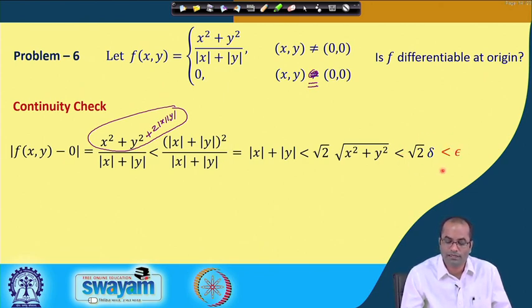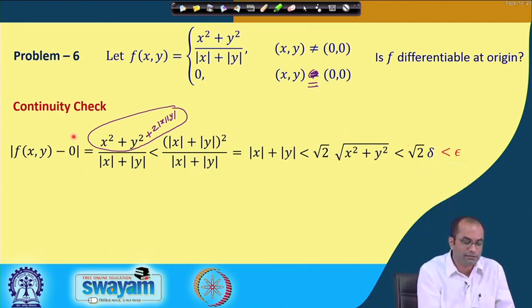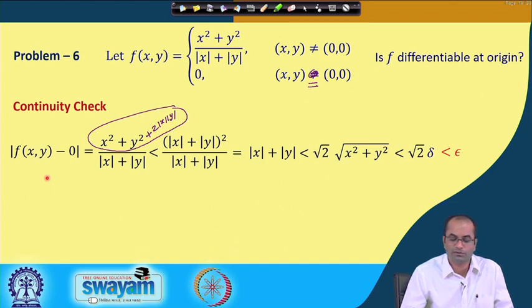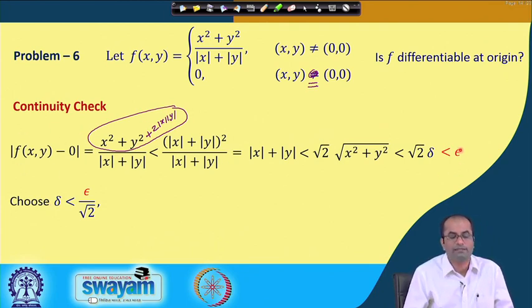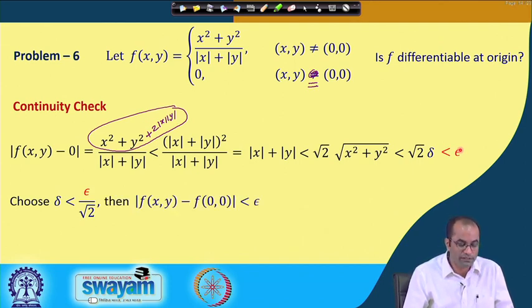So, by this relation we have found that for given epsilon we can set this delta, so that this |f(x, y) − f(0, 0)| is less than epsilon. So, by choosing this delta less than epsilon by √2 for given epsilon, this difference is less than epsilon, and that is the epsilon-delta approach for showing the continuity.